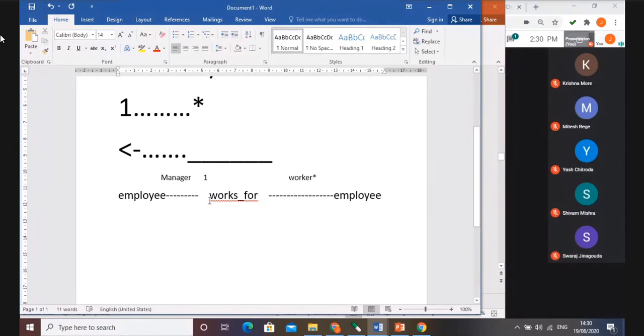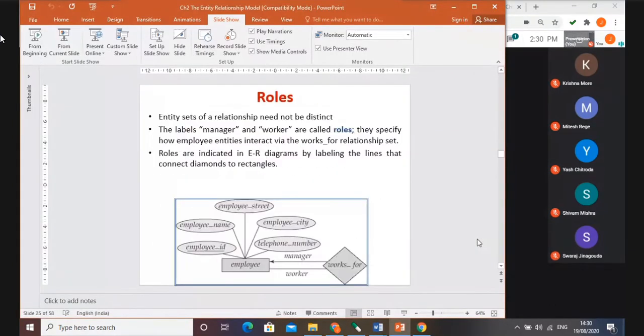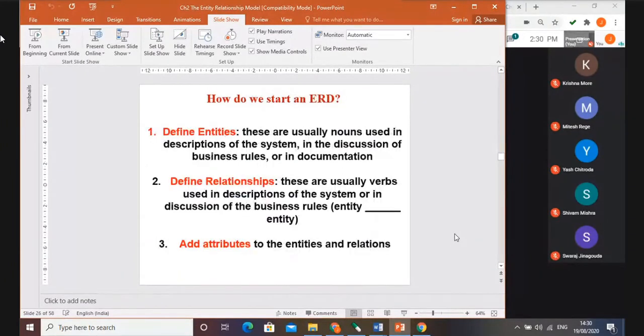So one manager works for many workers, that is employees, or many workers work for one manager. That is what the diagram represents. As both sides have the same entity, it is not represented with two rectangles or two entity sets, because it is usually not allowed in an ER diagram to represent the same entity twice. You can represent it like this only. So roles are clear, we'll move ahead.